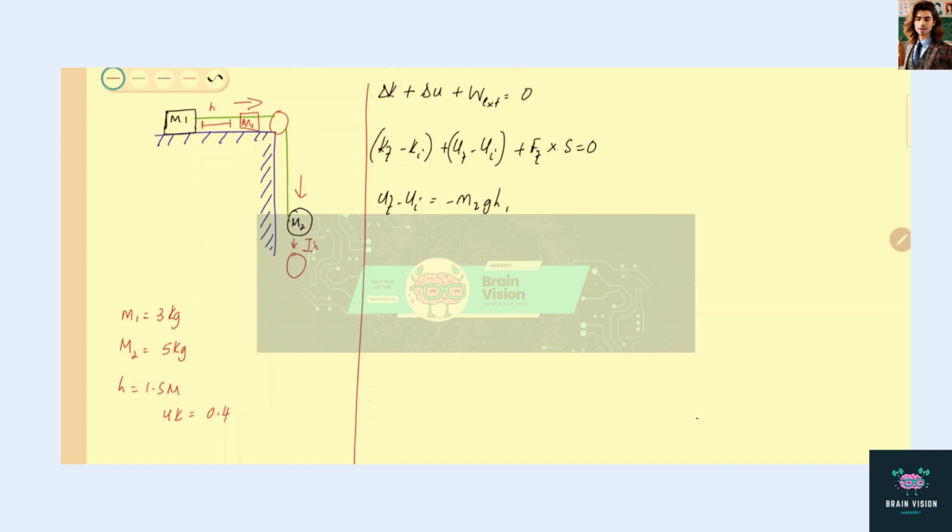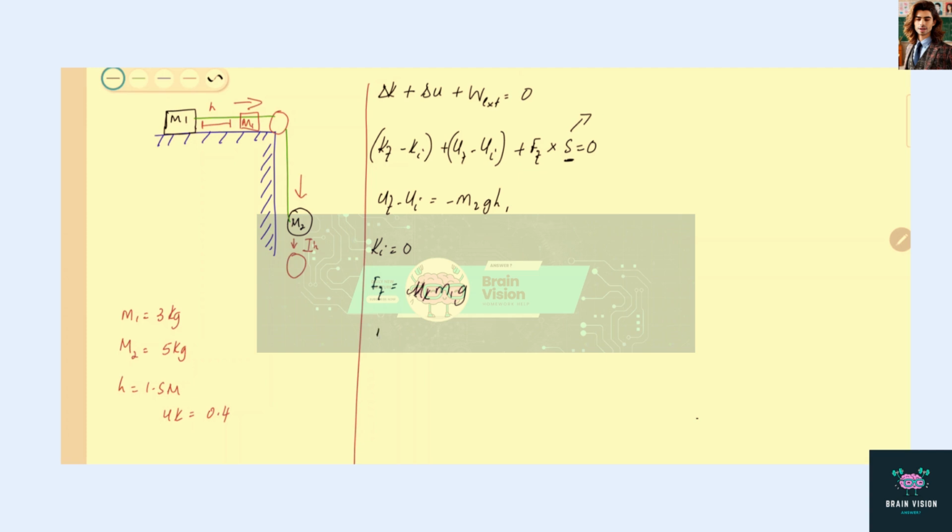Because the system starts from rest, Ki is 0. And the frictional force, I'm going to call that F, is the constant multiplied by mass 1, multiplied by the force of gravity, because S is h, which is basically the distance displaced or traveled by the system.